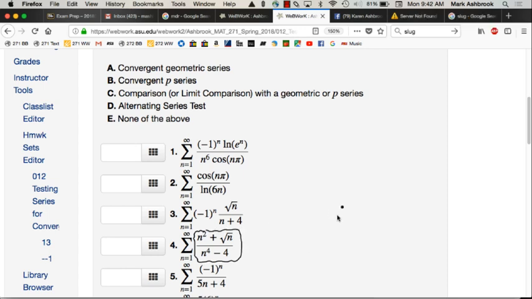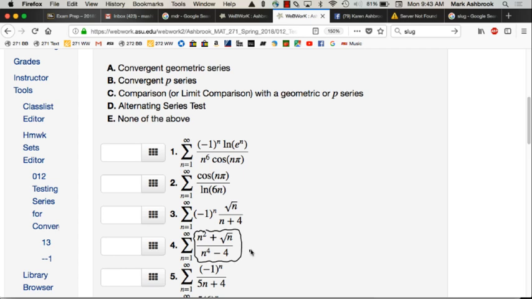So when n gets really, really big, maybe this is either comparison or indirect comparison. So what do we think? N squared over n to the fourth is essentially the same as 1 over n squared. So is what we have, this whole fraction here, larger or smaller than 1 over n squared? Bigger. The numerator is bigger and the denominator is smaller.